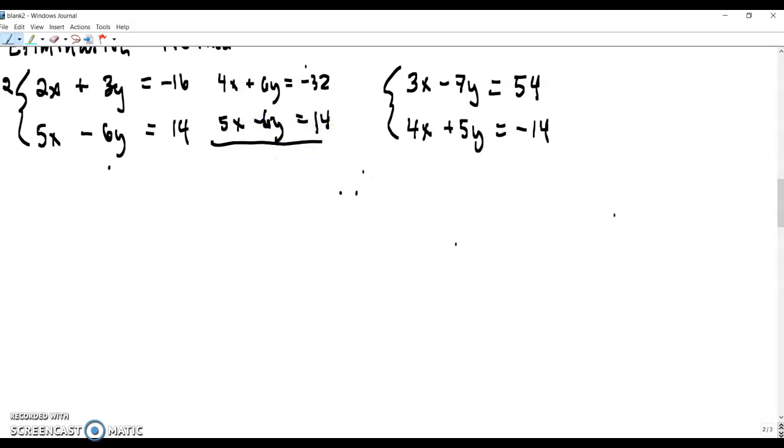Now I can add these two. The y's cancel out. I'm left with 9x equals, I think that'll be negative 18. So x is negative 2. Great. Back substitute that into one of the originals. I'll just choose the first.